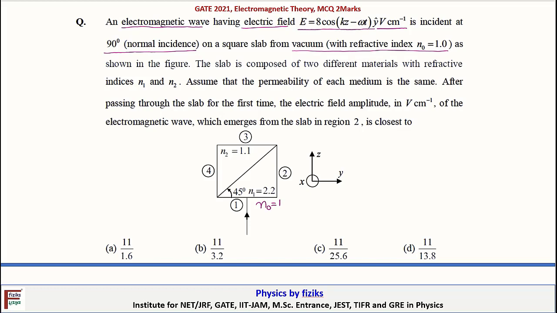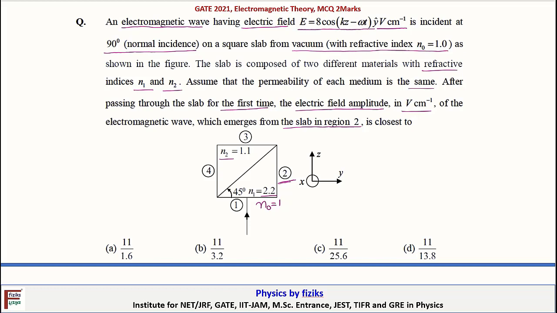As shown in this figure, the slab is composed of two different materials with refractive indices N1 and N2. So you know N1 and N2. Assume that the permeability of each medium is the same. After passing through the slab for the first time, what will be the electric field amplitude in volt per centimeter of the EM wave which emerges from the slab in region 2? So that will emerge in region 2. 4 options are given. We have to verify the correct one.